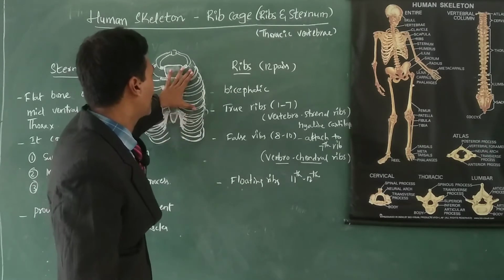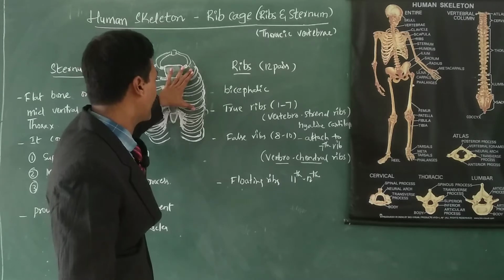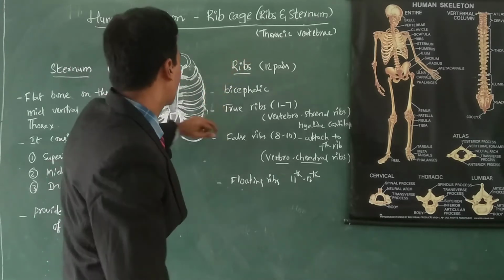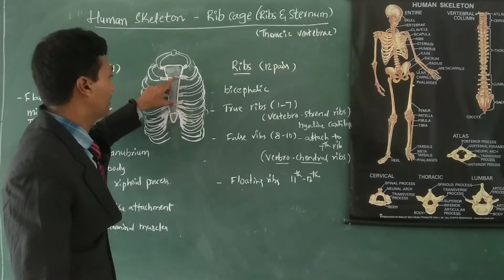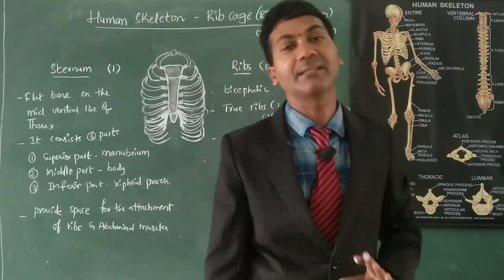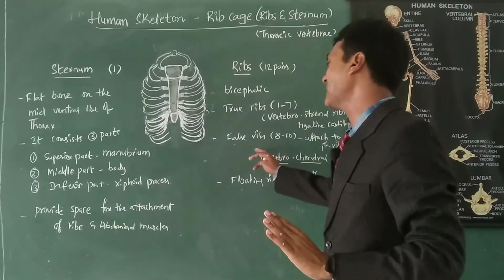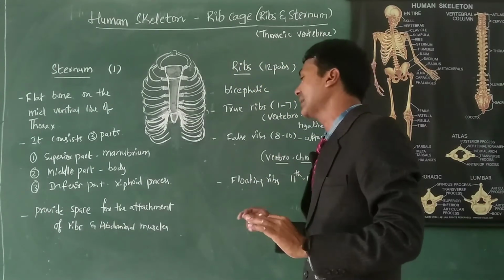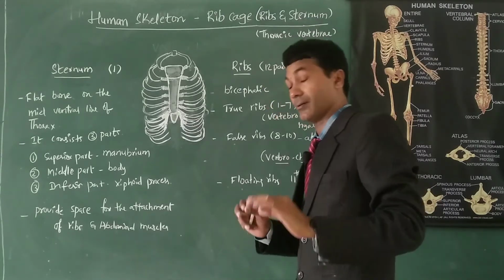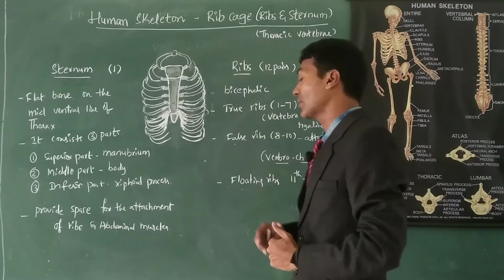So 1 to 7 are true ribs, because they show the bicephalic condition. They are attached dorsally with thoracic vertebrae and ventrally with the sternum. The 8th, 9th, 10th are attached to the 7th rib, so they are called false ribs. And the 11th and 12th are not attached to the sternum, directly or indirectly, so they are called floating ribs.